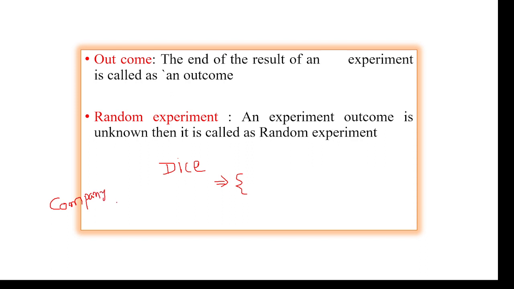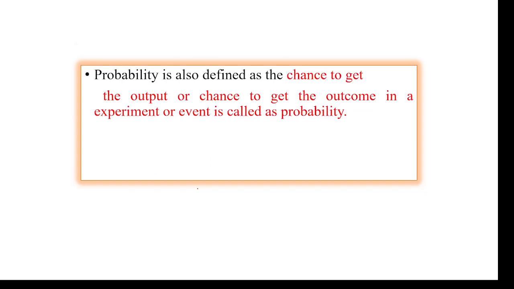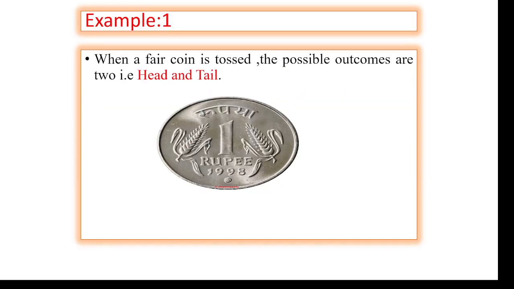For example, the first day they design 100 mobiles, second day 150 mobiles, third day 200 mobiles. We can't expect how many mobiles they design on the fourth day. It is a random experiment. An experiment whose outcome is not known before completing it is called a random experiment.